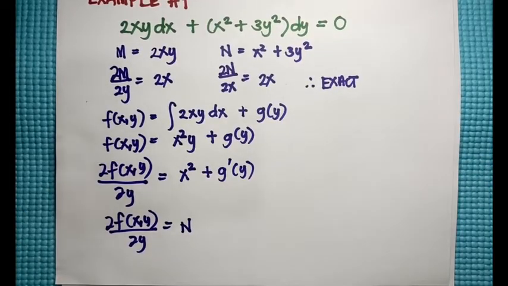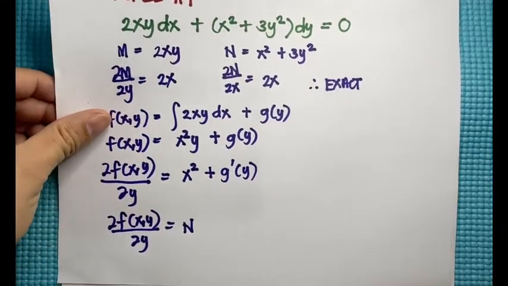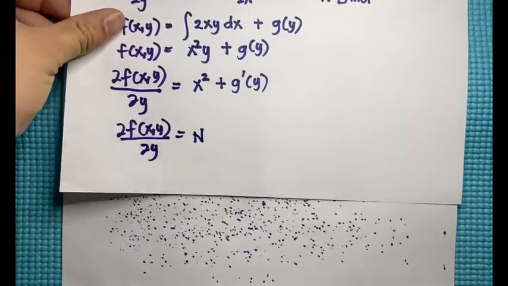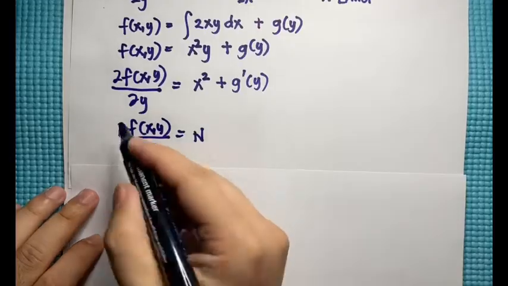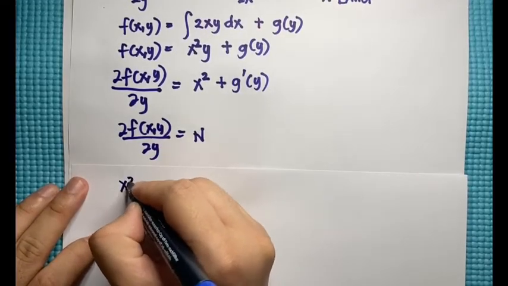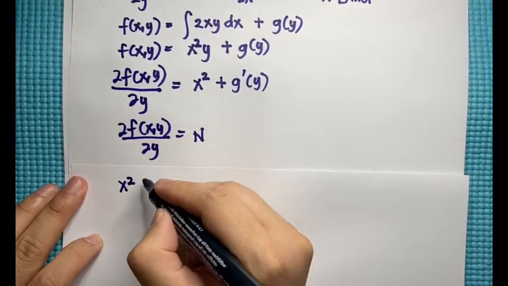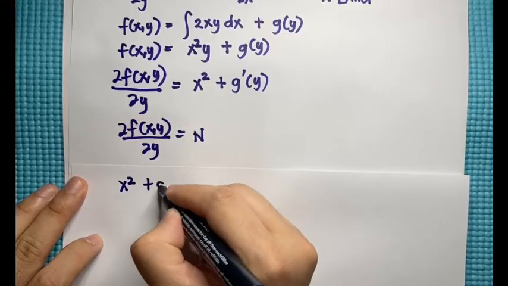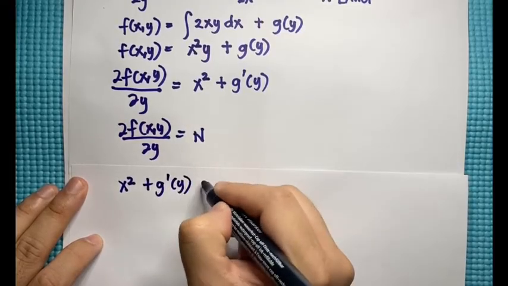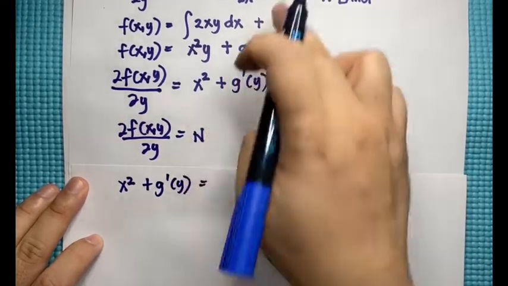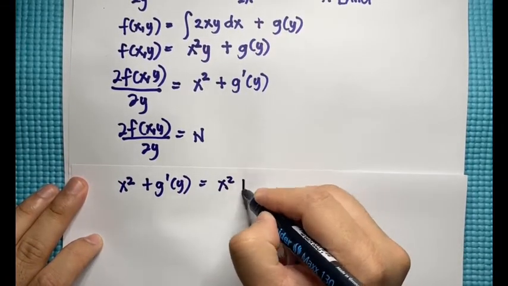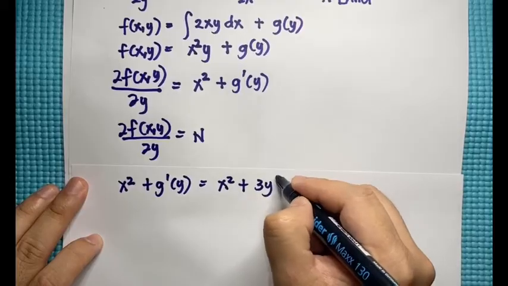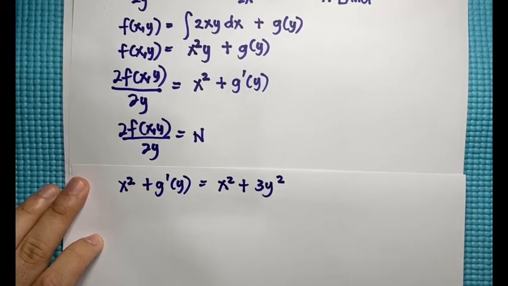So giving us the equation x squared plus g prime of y, and n is equal to x squared plus 3y squared.